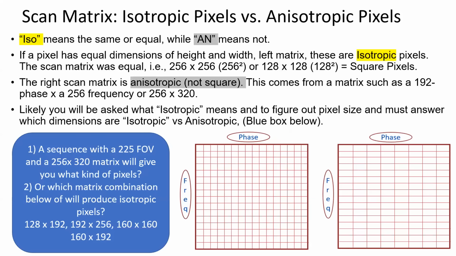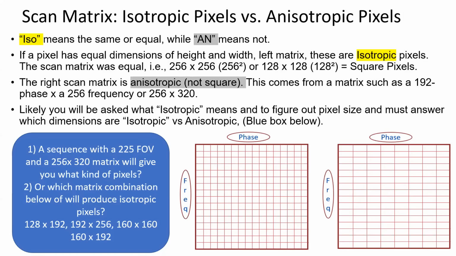So I put in that oddly shaped pixel size earlier because they may ask you, what is isotropic versus anisotropic? They can ask you that a couple of different ways. So if a pixel has equal dimensions of height and width, left to right, so on the left image, that's equal top and bottom, it's isotropic. Iso means the same.